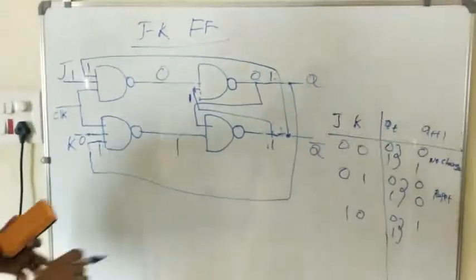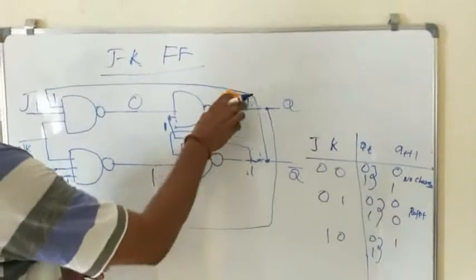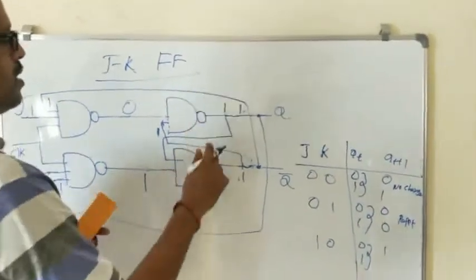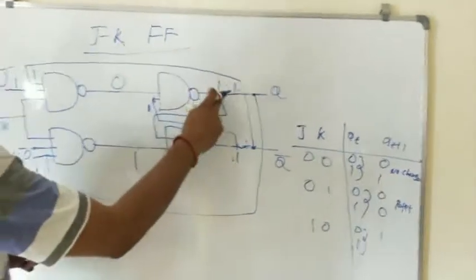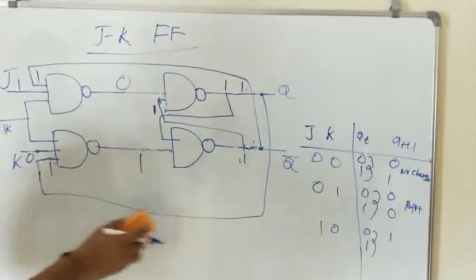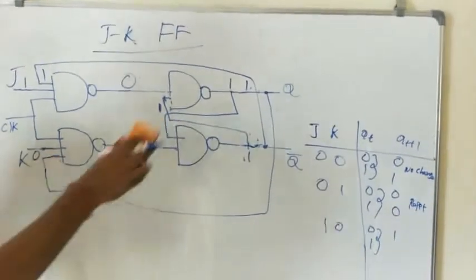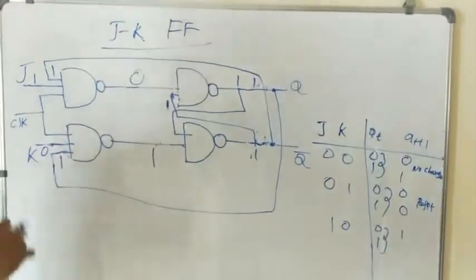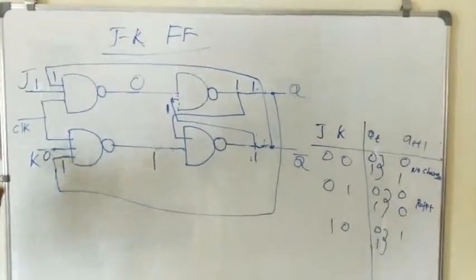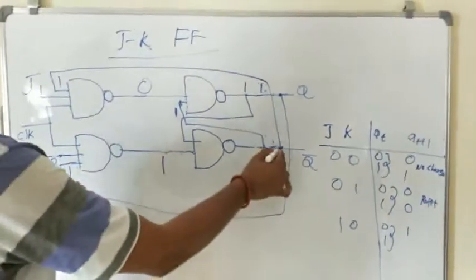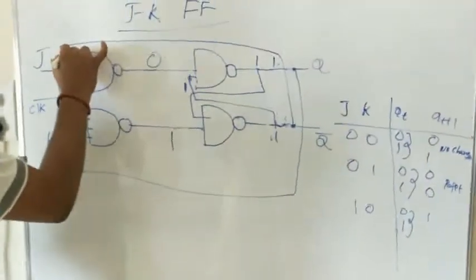Now we'll see what is happening when the present state Q is 1. Q becomes 1, so it is not having any impact because K is already 0. Q is 1 means Q dash becomes 0 now.